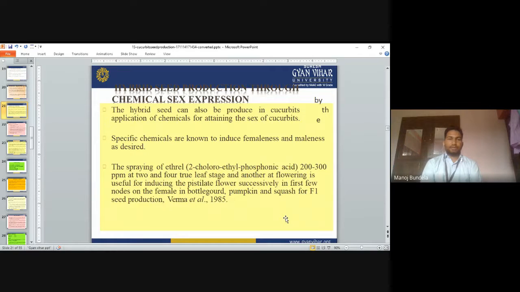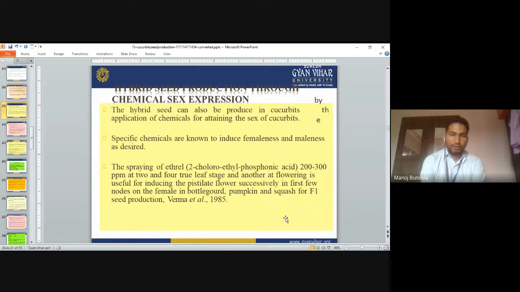For femaleness and maleness, the spraying of ethrel, 2-chloroethyl phosphonic acid, at 200 to 300 ppm at the 2 to 4 leaf stage.